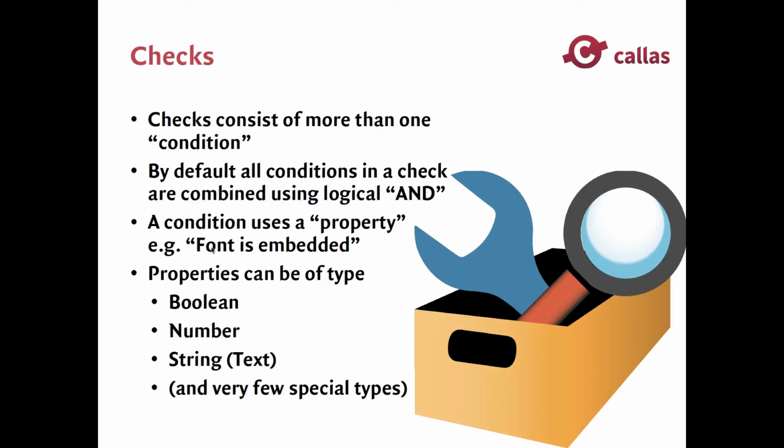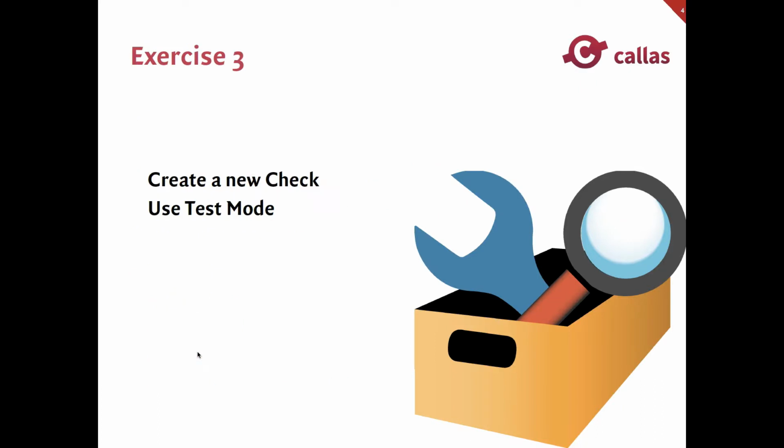You could also say font name is, and then it would be a string, and then you could say font name is equal to, and then let's say Arial or Helvetica or Times or whatsoever. So then it would compare the name of a font with a text, or you can have a number, and then there are very few special types, but most of the properties are either Boolean, number, or string.